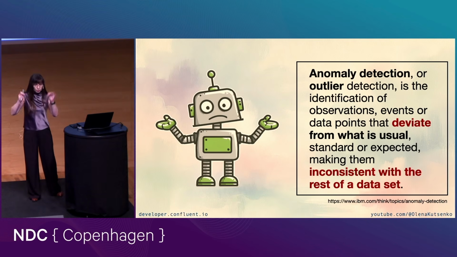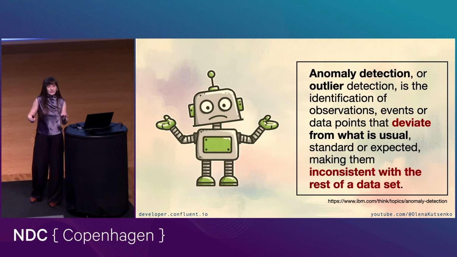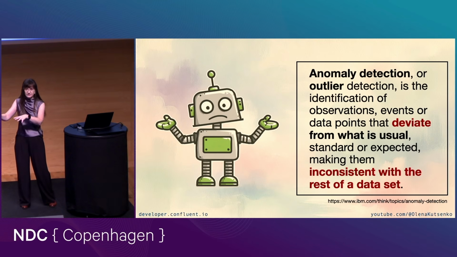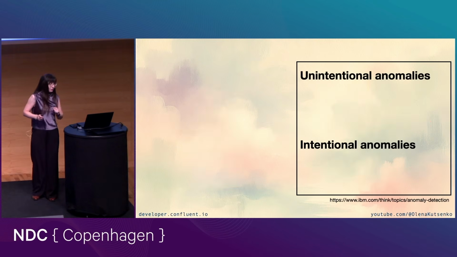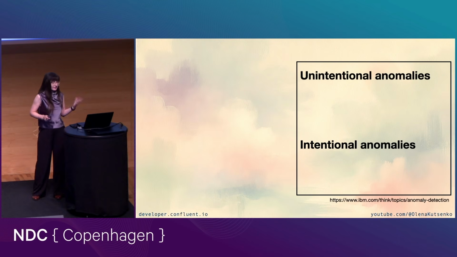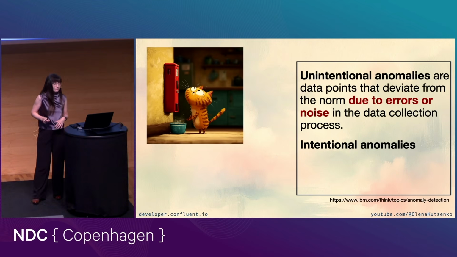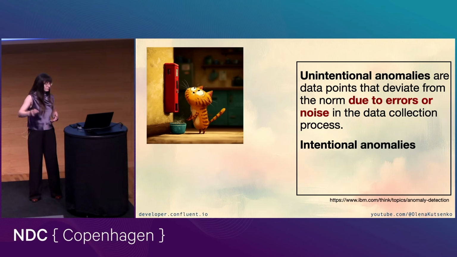However, what we do agree on is we can split those into two buckets. The first bucket is unintentional anomalies. These are anomalies which come due to errors or noise in the data.